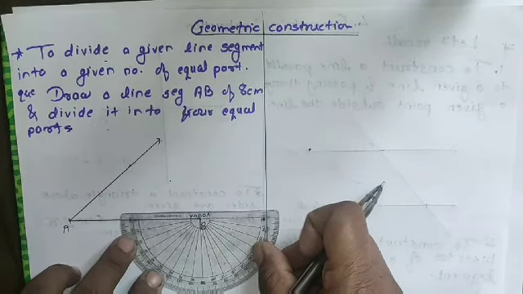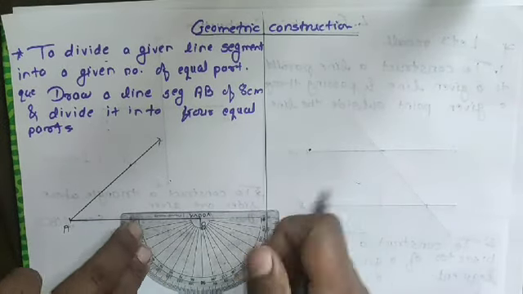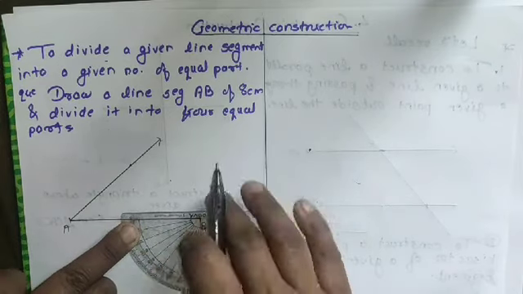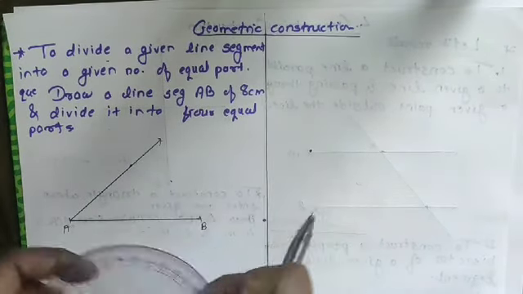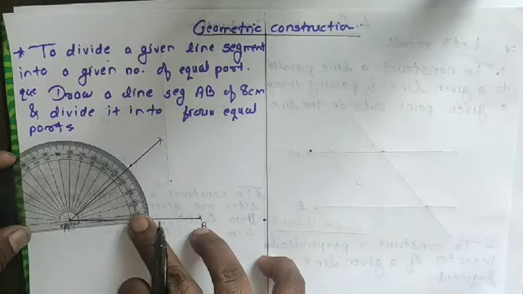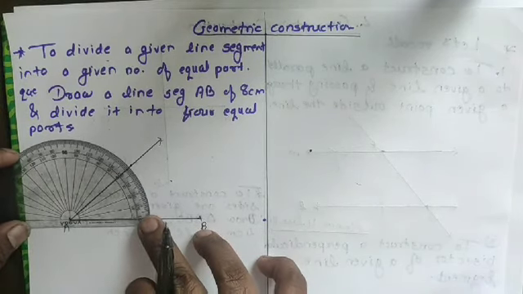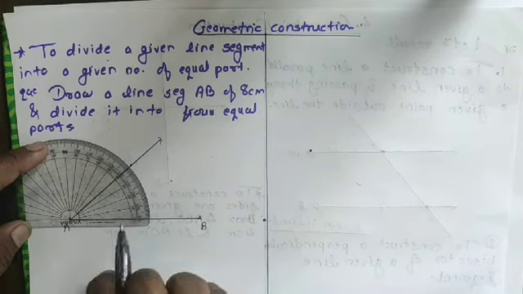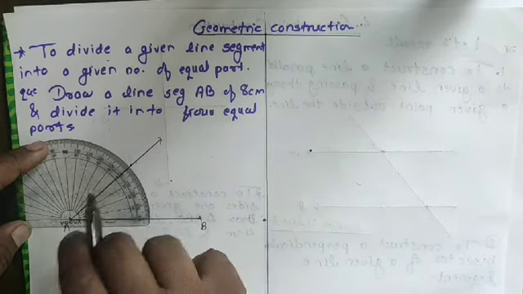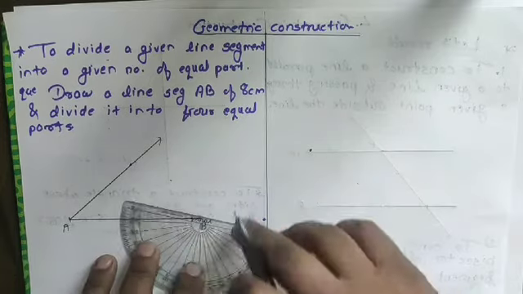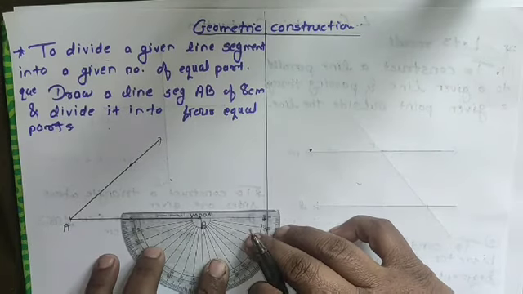As you know, I took a 40 degree angle above here. I will show you again. How much angle did I take? 40: 0, 10, 20, 30, 40. Now here also I have to take this much angle, 40 degrees.